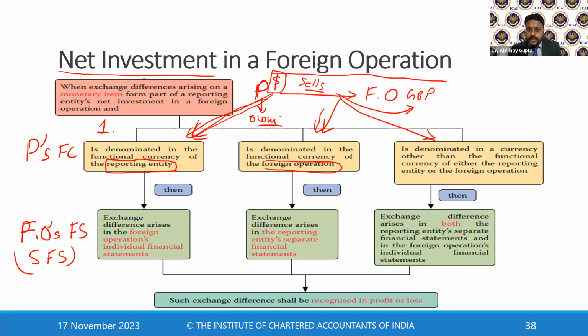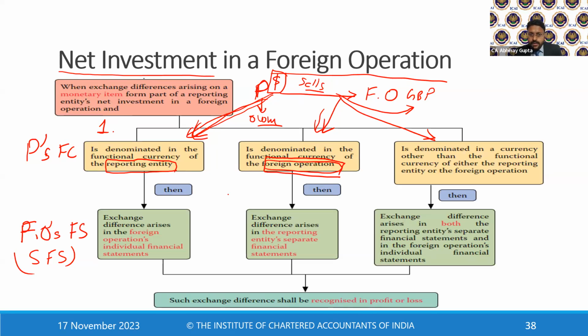If the sale of goods by the parent company to the foreign operation is happening in the functional currency of the foreign operation, the parent has a functional currency of dollar but is not raising the invoice in dollar. They are selling the goods in the foreign operation's functional currency, that is GBP.